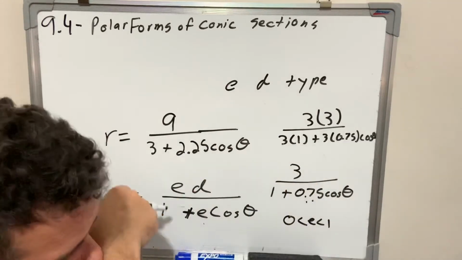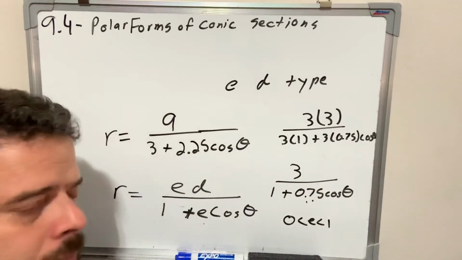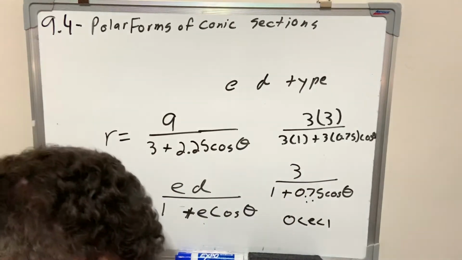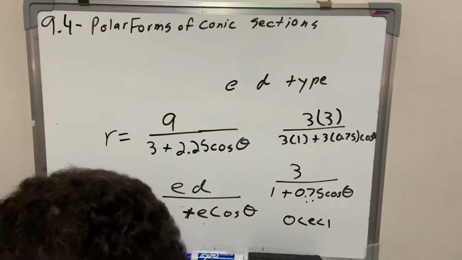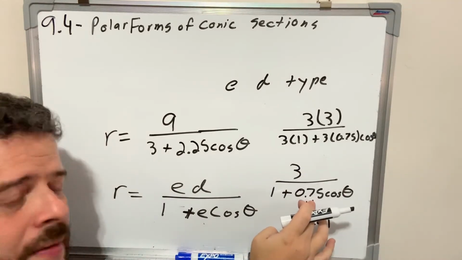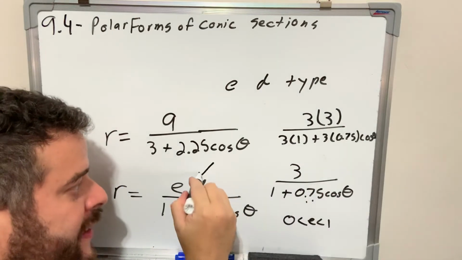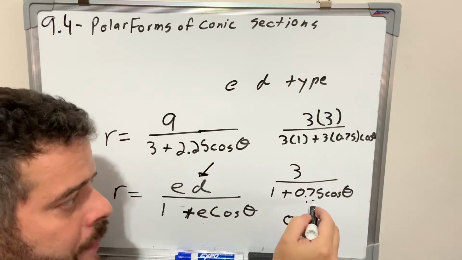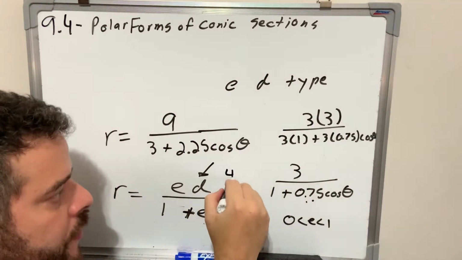When you have this number, I know that that is ED. So what you do is, I know that my E is 0.75 because I get the E down here. So in order to find my D, you divide 3 by 0.75. And that gives you an answer of 4.